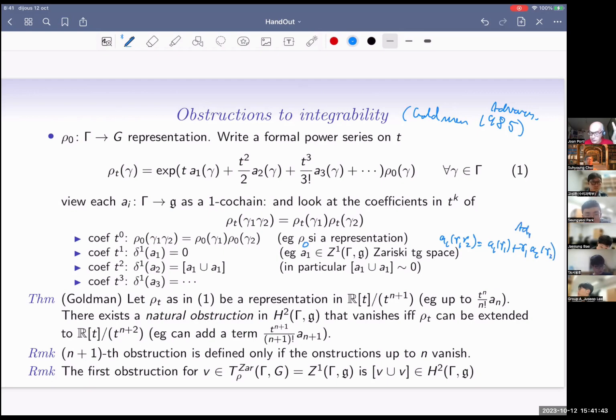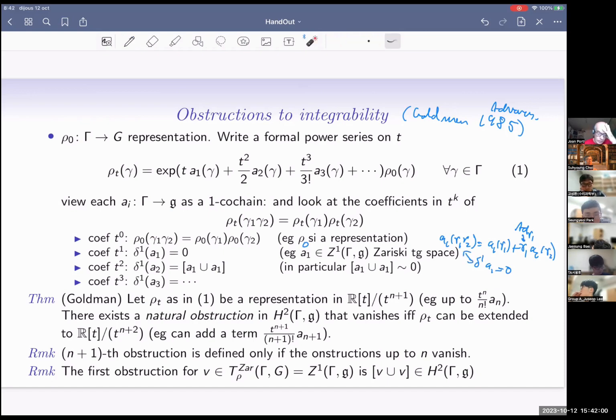And this is the same thing as saying that delta 1 of A1 equals 0.